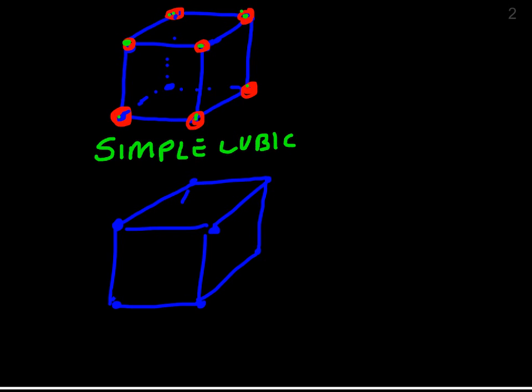First let me get the basic simple cubic cell looking sort of like that. Again, I have those 8 ions at each corner, but then there also happens to be one smack dab in the middle.